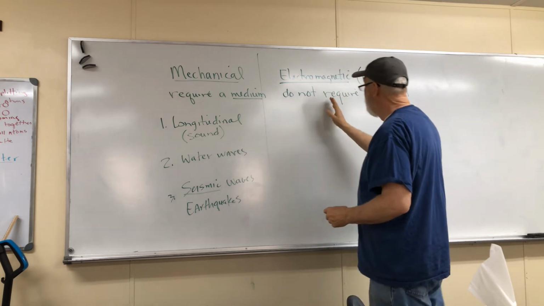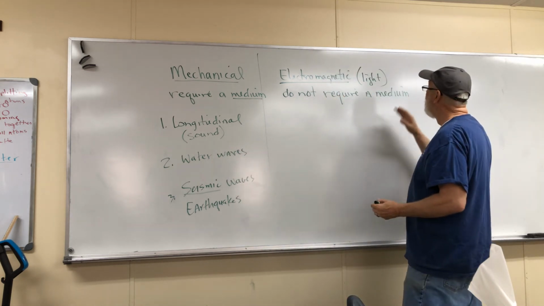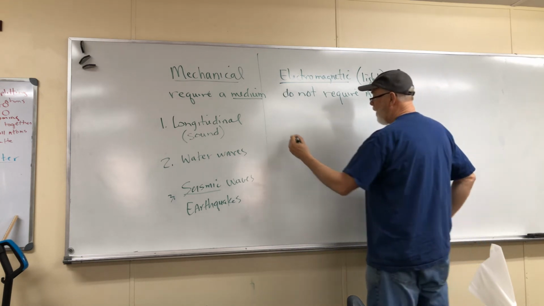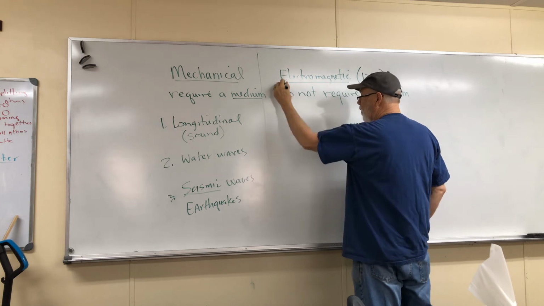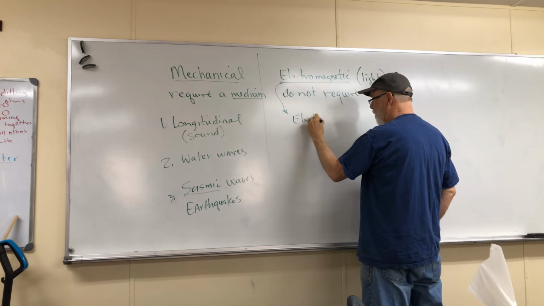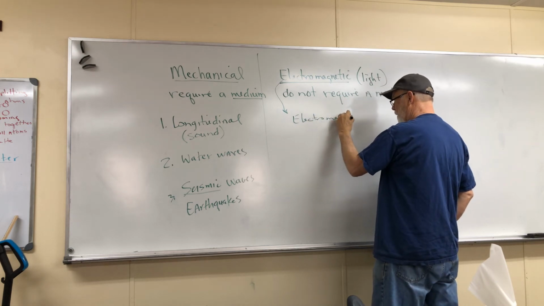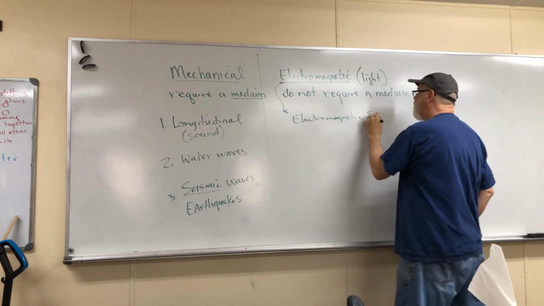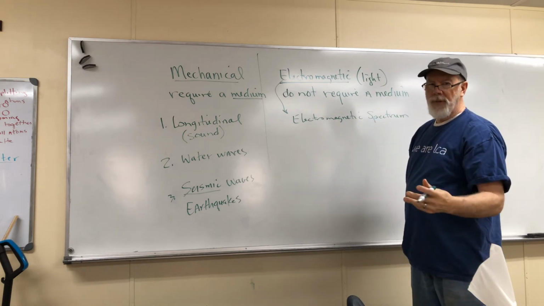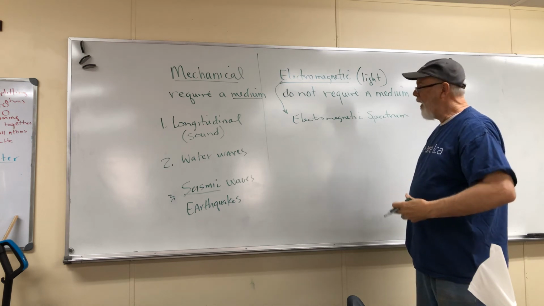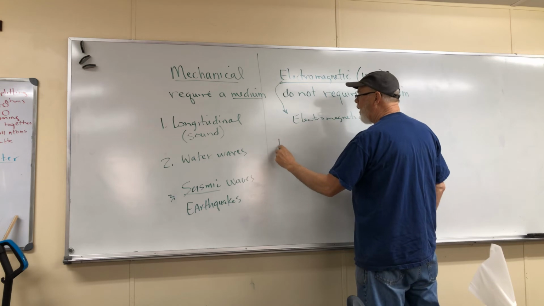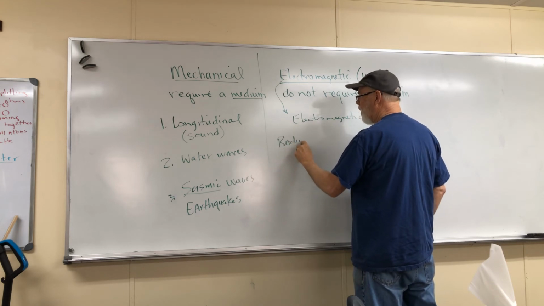Now, if we step over here to electromagnetic, it does not require a medium, as we said before, but it falls under a category right here of light, which is the electromagnetic spectrum. So it involves several different kinds of light other than just the kind that we see. It starts out over here and we're going to talk about radio waves.